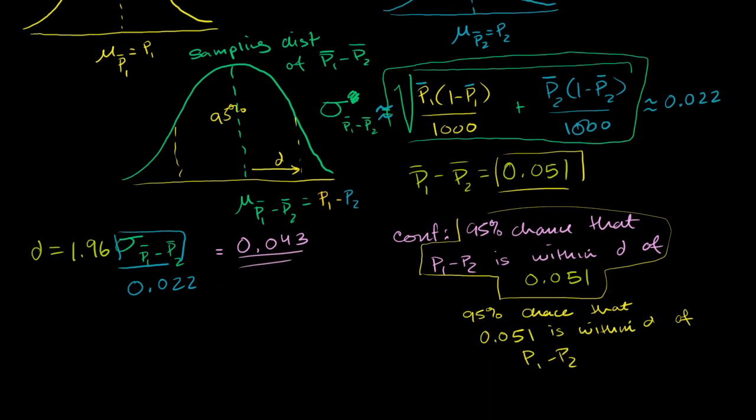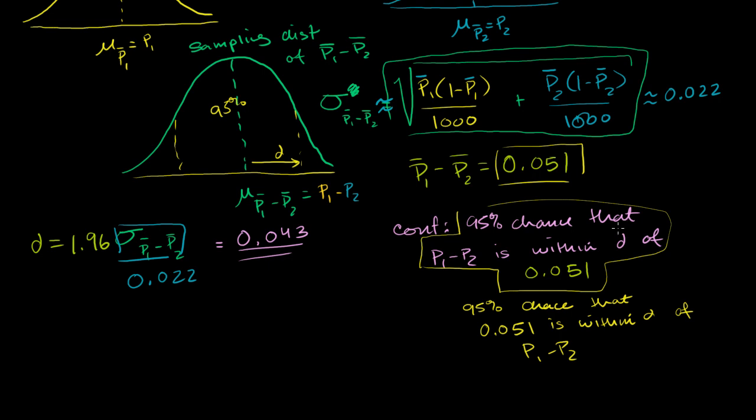We know that there's a 95% chance that the true difference of the proportions is within 0.043 of the actual difference of our sample proportions that we got.